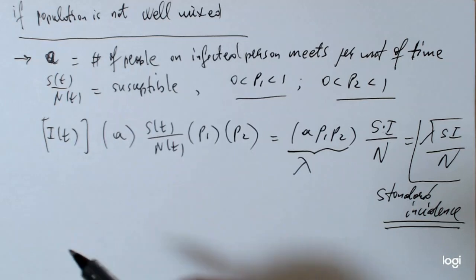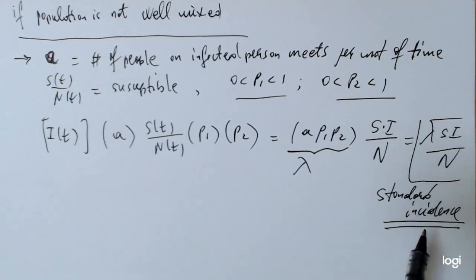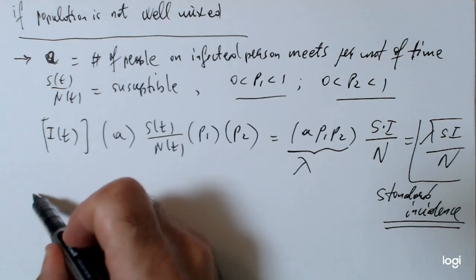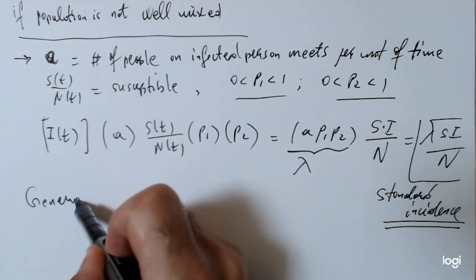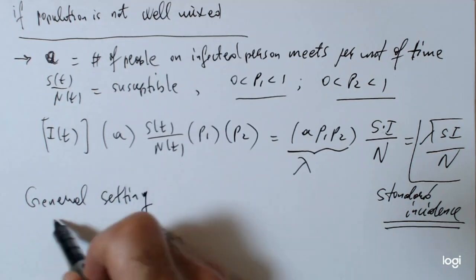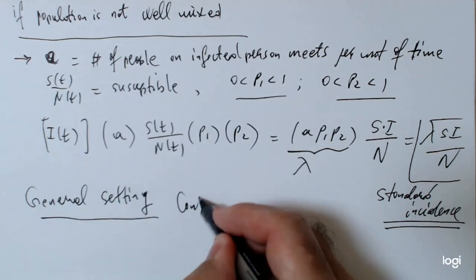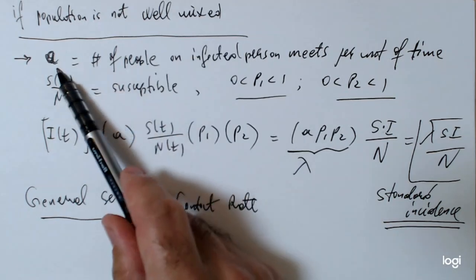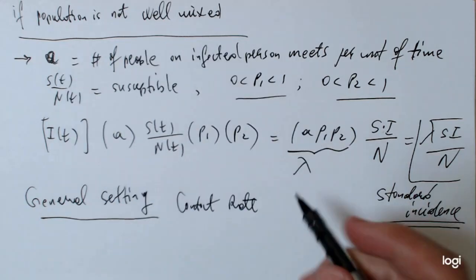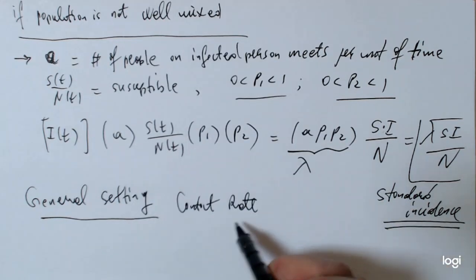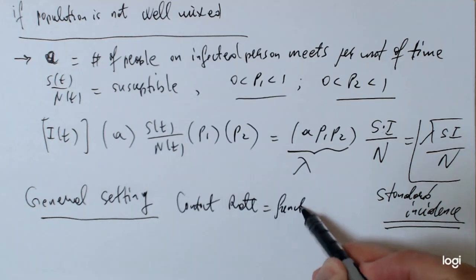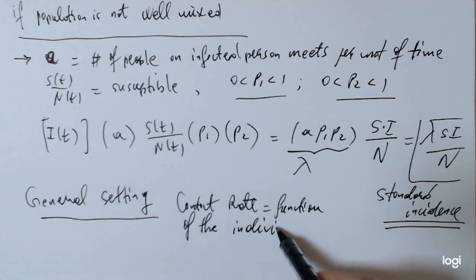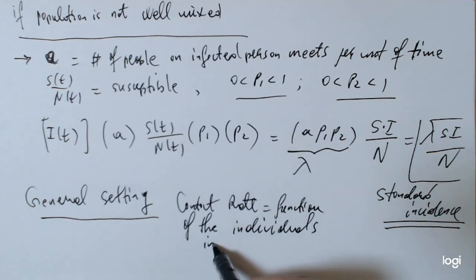For a more realistic model, in a more general setting, you will have the contact rates, which tie up to this number of people you meet. You will have it as a function of the individuals in the model.